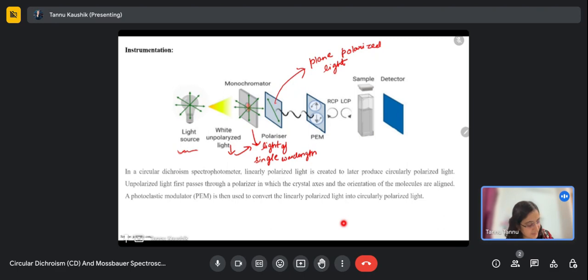So this linearly polarized light is later passed through a PEM, what we call a photoelastic modulator, to produce a circularly polarized light. This photoelastic modulator is used to convert the linearly polarized light into circularly polarized light.